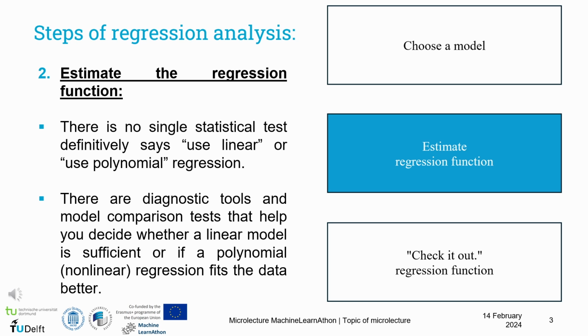It's also important to think about context. Does the curved relationship make sense for your data and your domain? Statistical tools can point us in the right direction, but they are most powerful when combined with subject matter knowledge and careful interpretation.